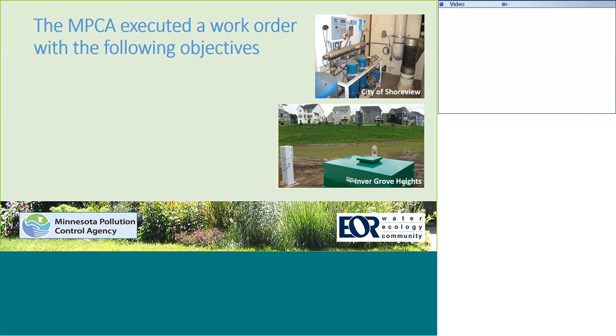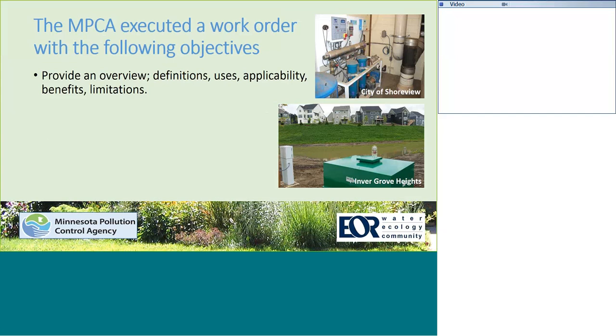So the PCA executed a work order with EOR to do some work to update the material that we had in our Stormwater Manual on harvest and reuse. We felt that it was necessary to update the information because a lot of things have changed regarding this topic, and we wanted to provide you, the practitioners, with the most updated information.